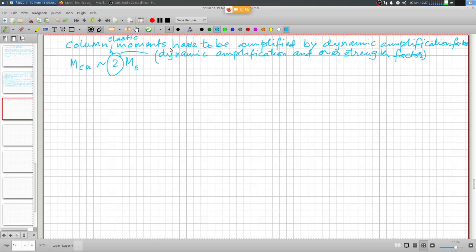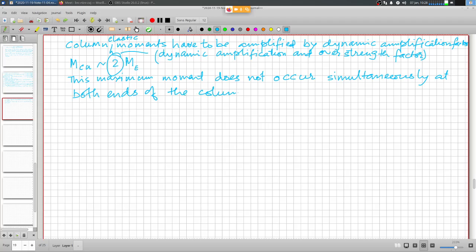And another thing is that the ultimate capacity, this maximum moment, does not occur simultaneously at both ends of the column, right?